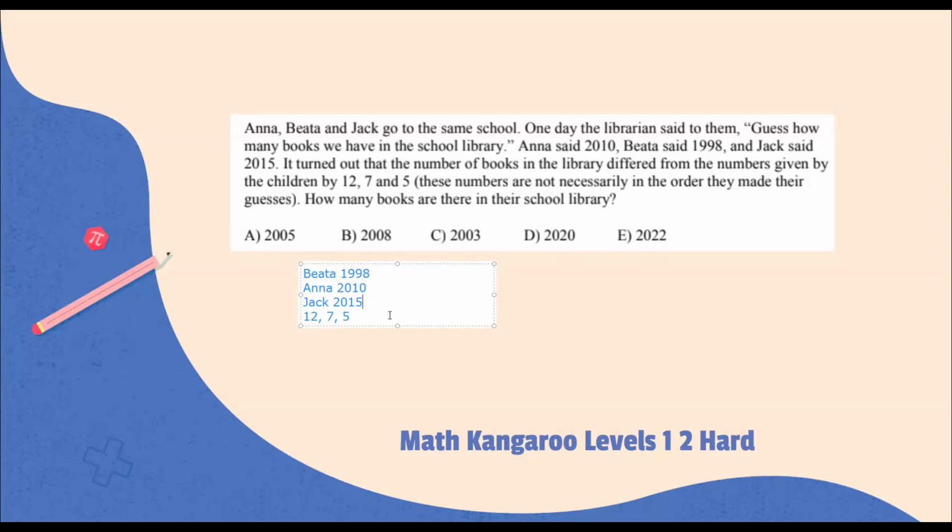Now let's go to the largest number. Again, you can't add the biggest difference to the largest number, because then 2010 and 1998 can't catch up to 2027 using 7 and 5. And if you subtract 12, we get 2003.